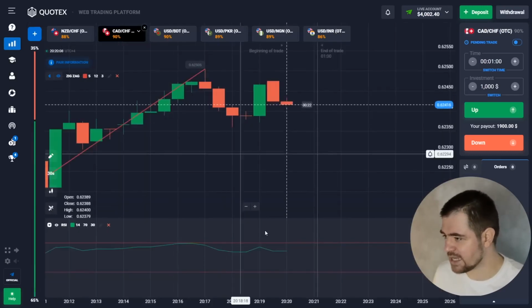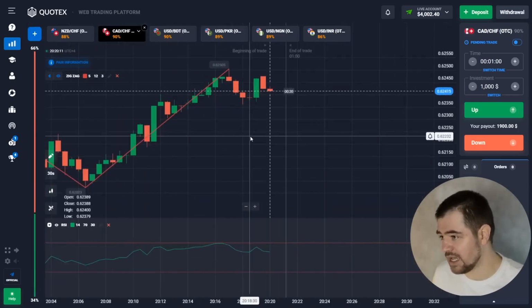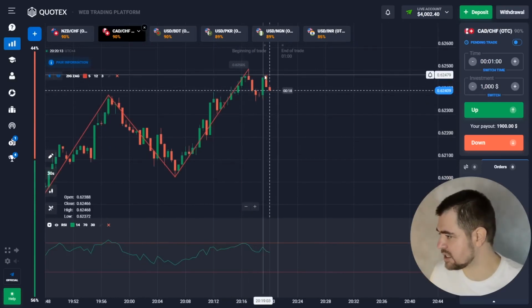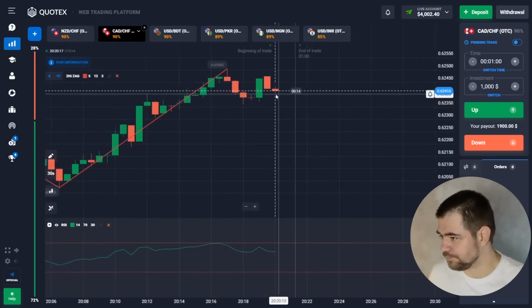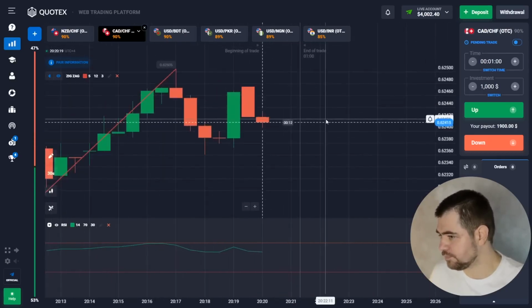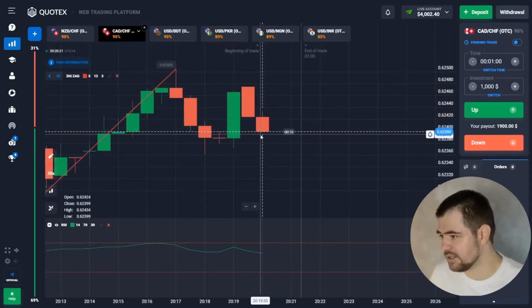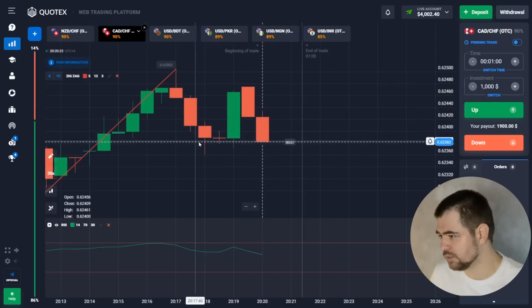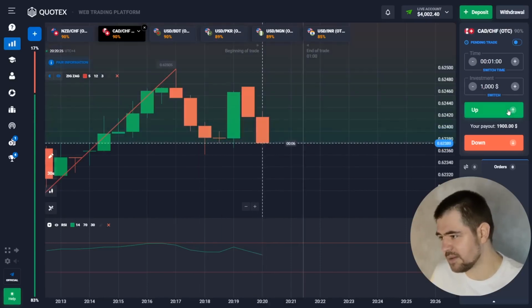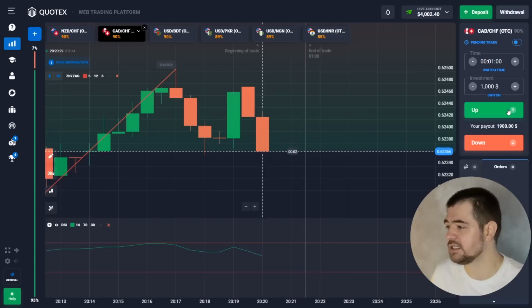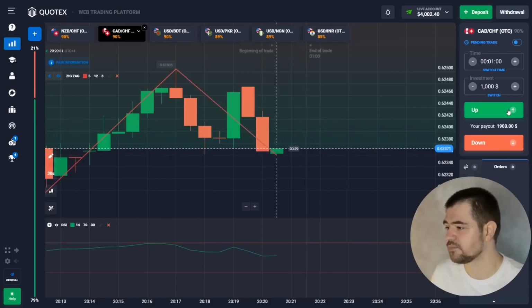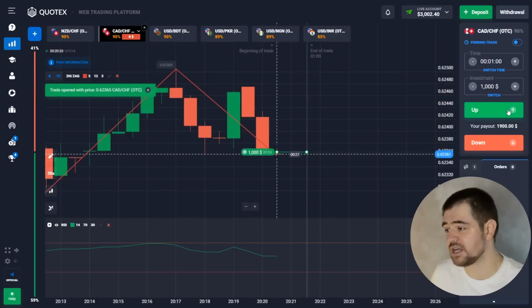Okay, so next, let's go ahead and make a call option here, because I see the RSI is basically in the middle right now.